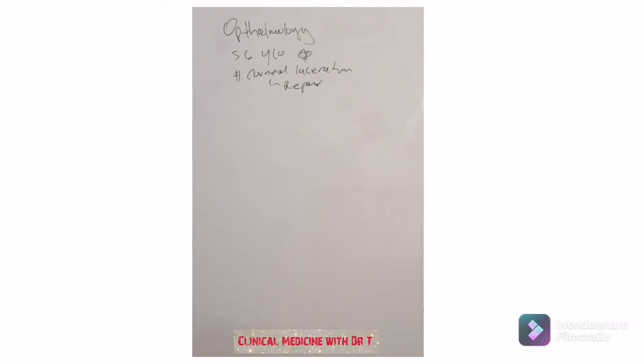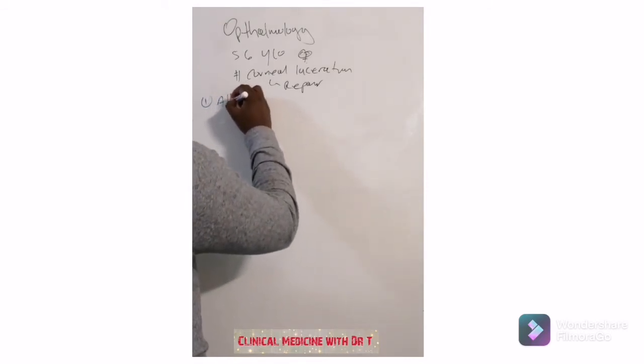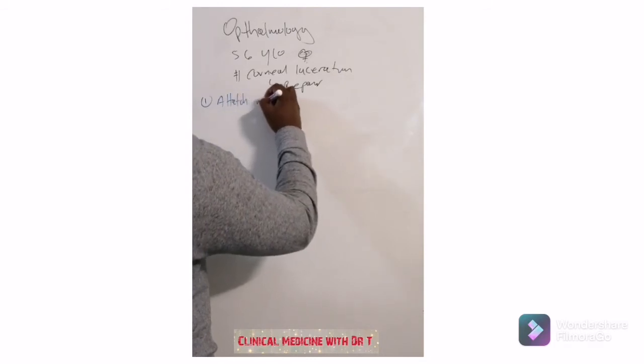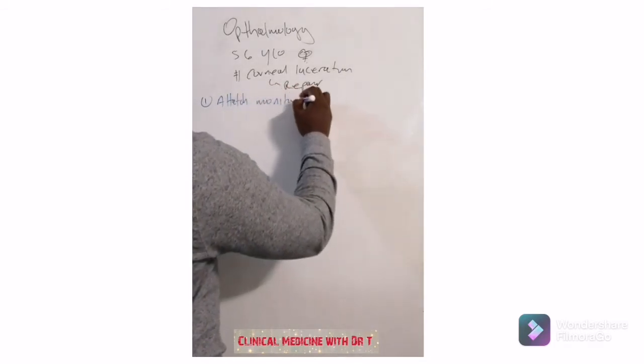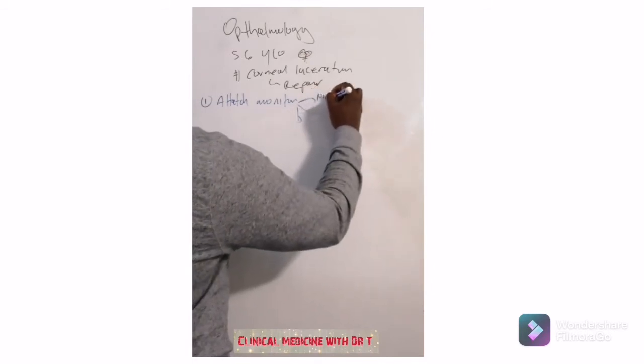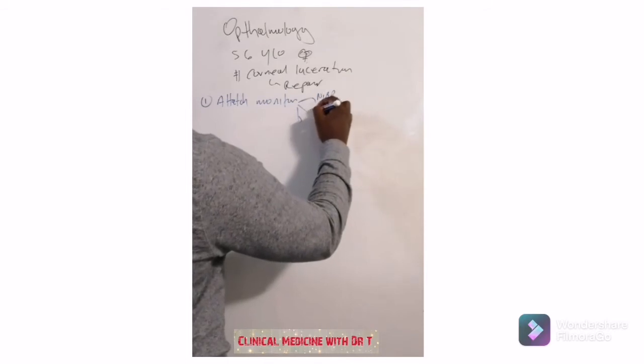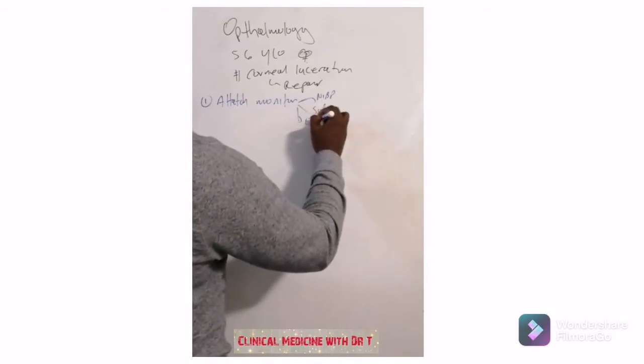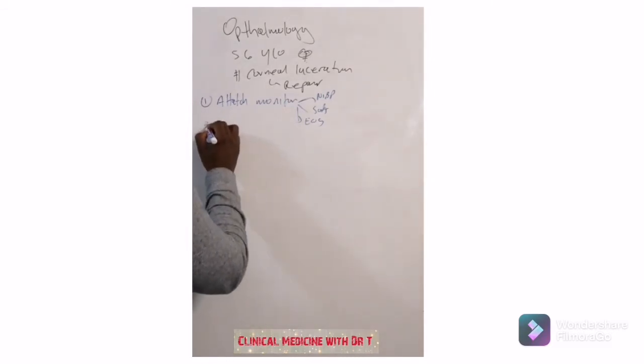So the approach for this case was, the patient came into theater. We had already decided what we're gonna do. So she came in, we transferred her from the stretcher onto the table, like we always do it. Attach monitors: NIBP, SpO2 probe, ECG leads.